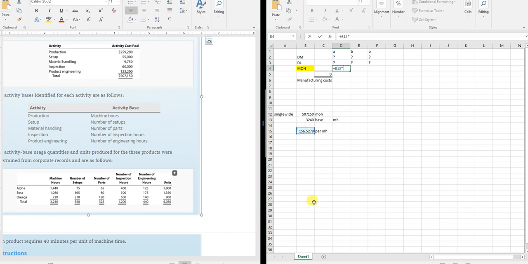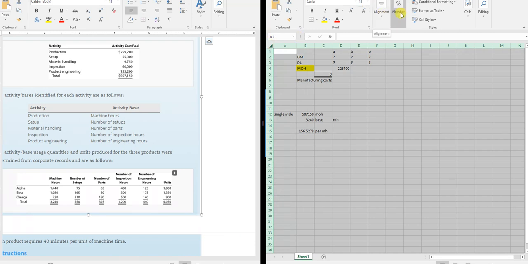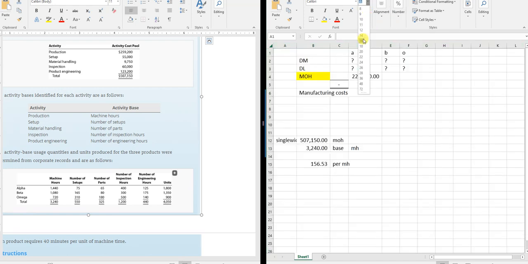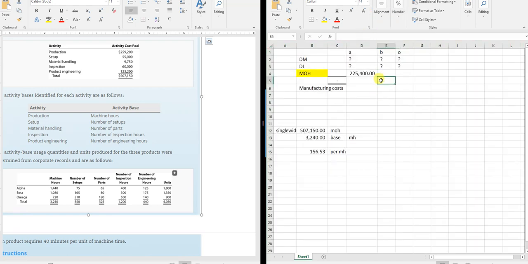So I have 156.52 per machine hour, and I see the alpha had 1440 machine hours. So it's going to get 25,400 dollars worth of cost. Okay, and I know that Beta is going to get 156, and they had 1080 machine hours.